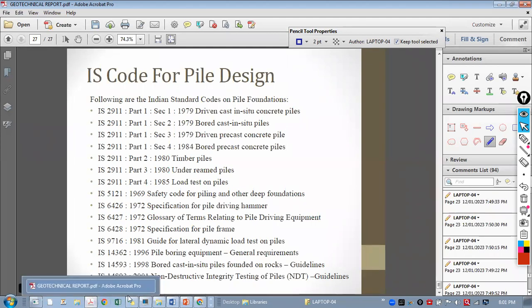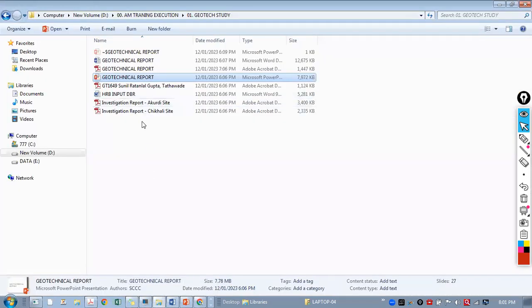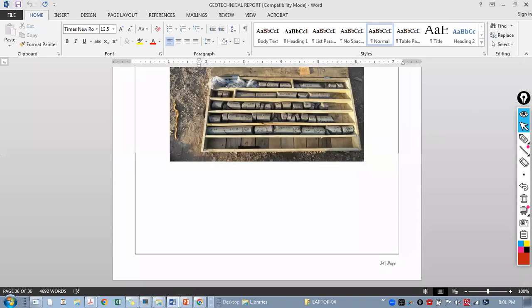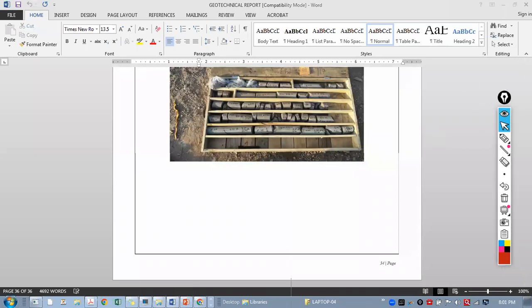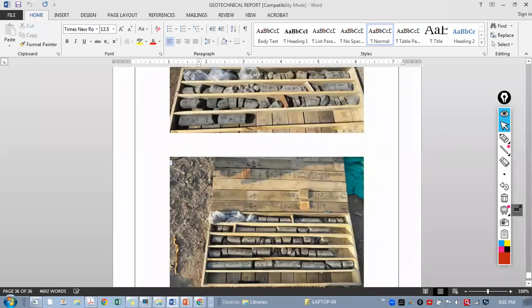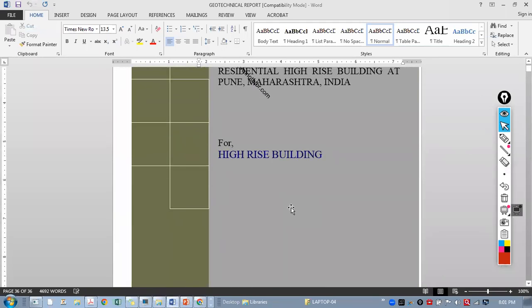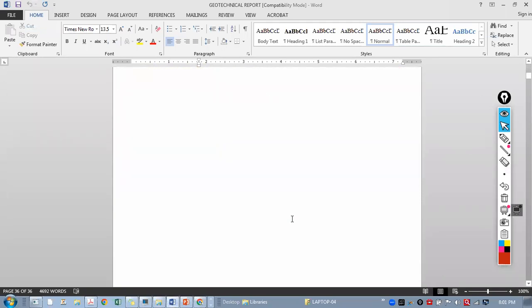Now I will show you one geotechnical report. I think in high-rise buildings you might have seen this.